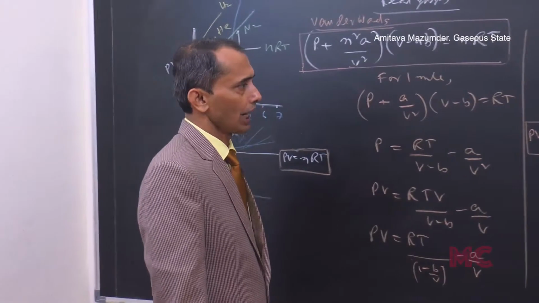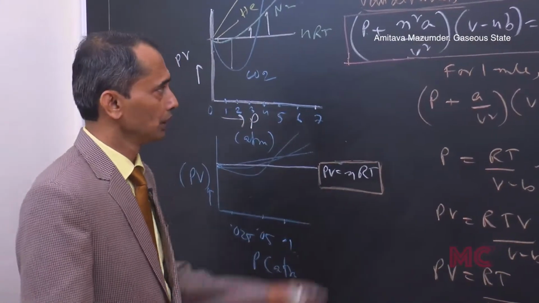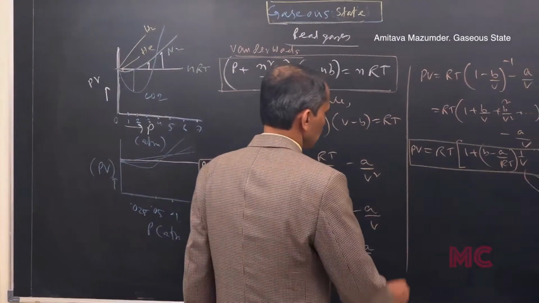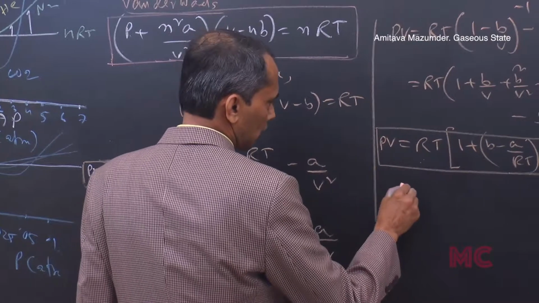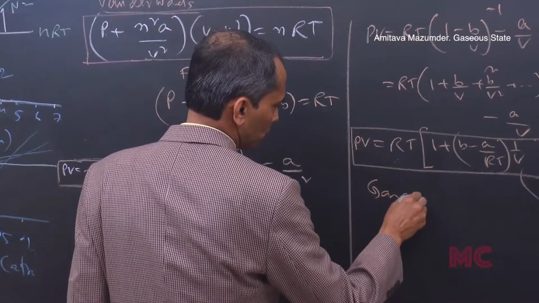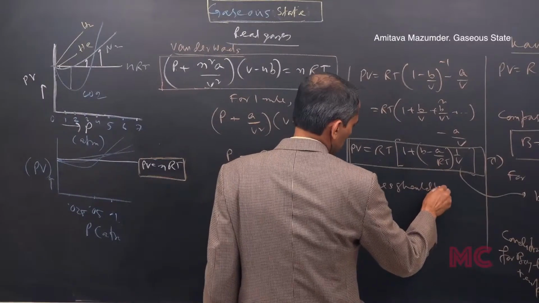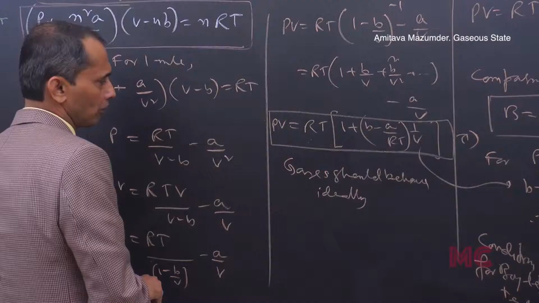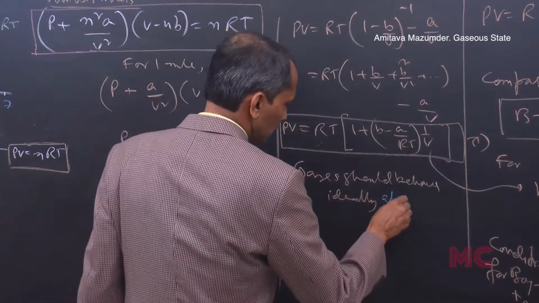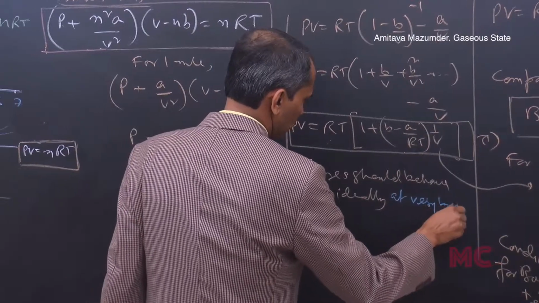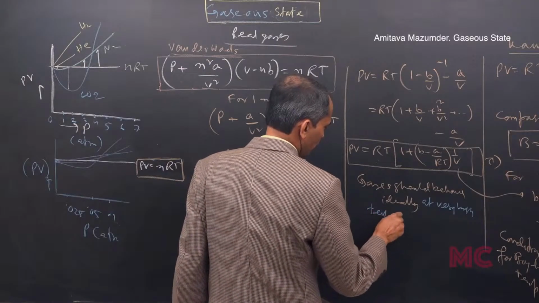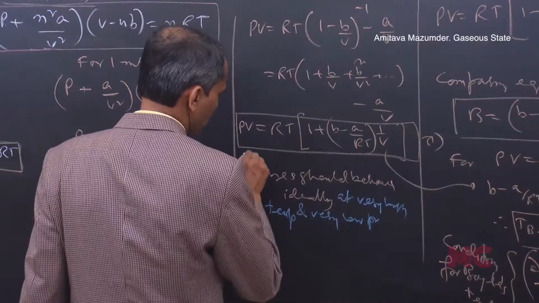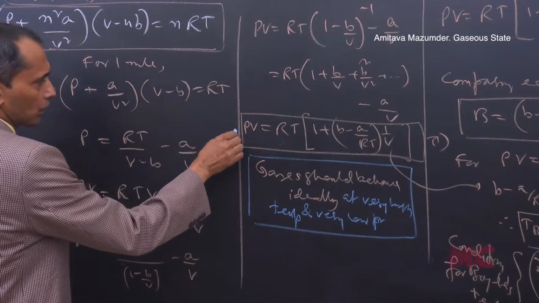Now we can prove from the van der Waals equation how and under what conditions the gas should behave ideally. Just for example, over here we have got that gases should behave ideally at very high temperature and very low pressure, which we can prove with the help of the expression over here, equation 1.